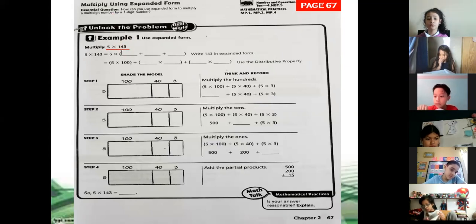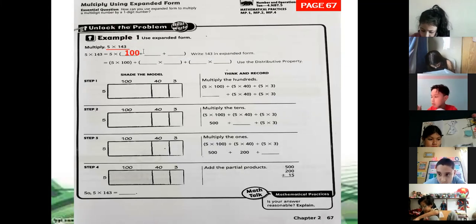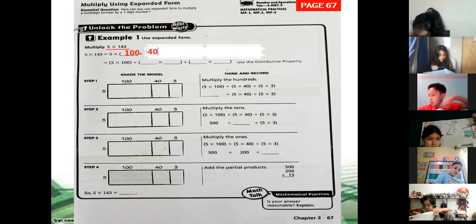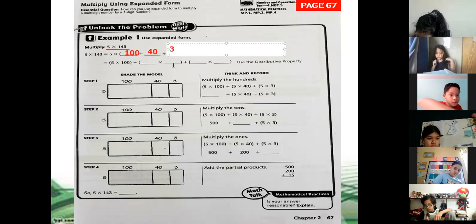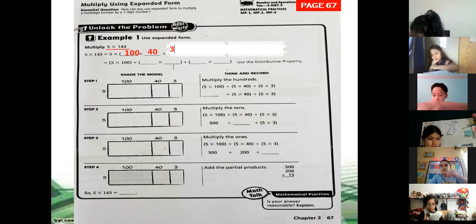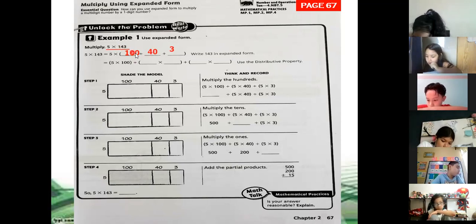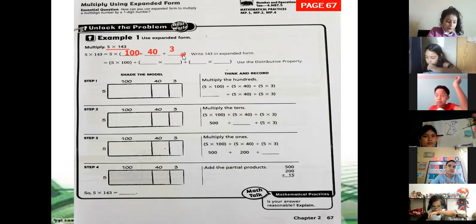So the value of number 1 is 100, plus the value of number 4, which is 40 because it's on the tens, and the value of number 3 equals 3, because it's on the ones. So the expanded form of 143 is 100 plus 40 plus 3.